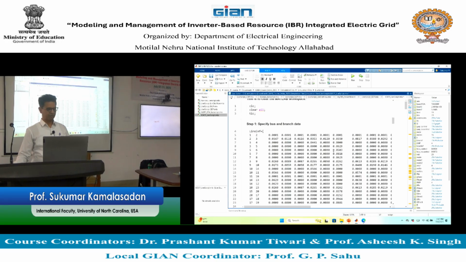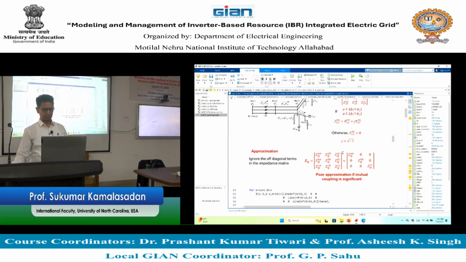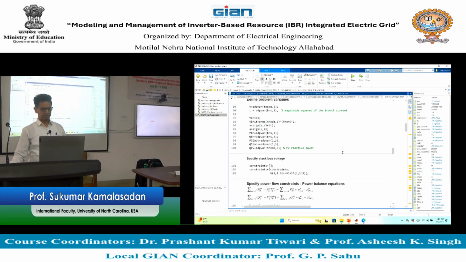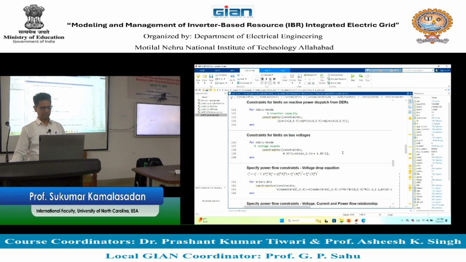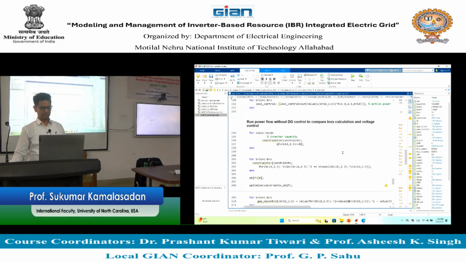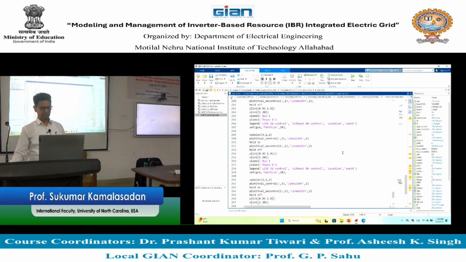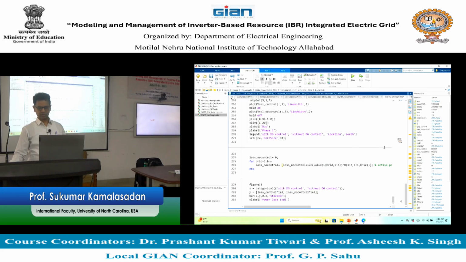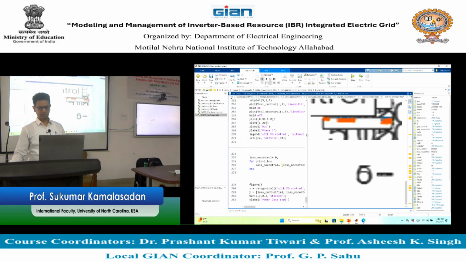So in the SOCP formulation, you can actually see constraints limit for DER, voltage drop constraints, power flow constraints, and so forth.